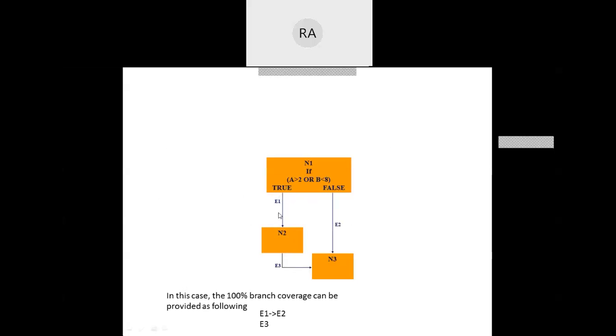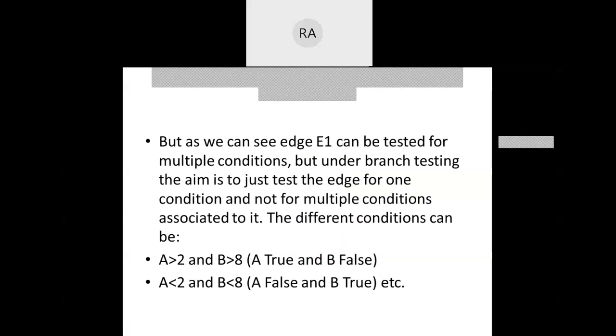For a particular branch, you have a test case to test that branch. There are two branches: one associated with the true value and another with the false value. This is about branch coverage. One important point to remember for branch testing is that you are testing the edge for one condition only, not for multiple conditions associated with it.